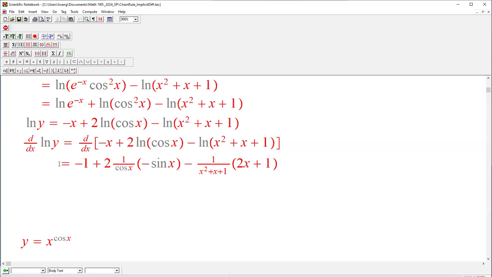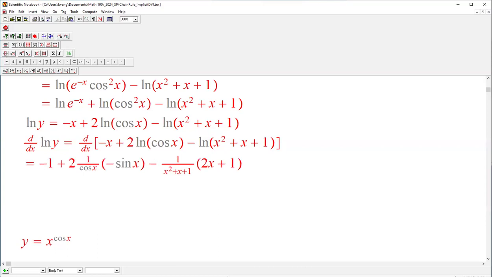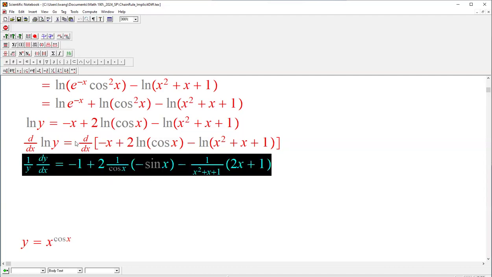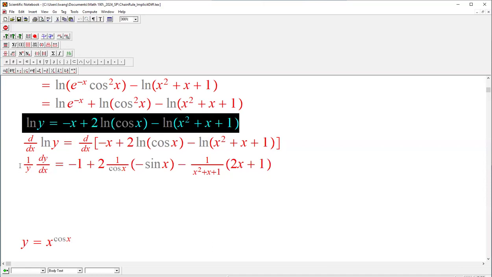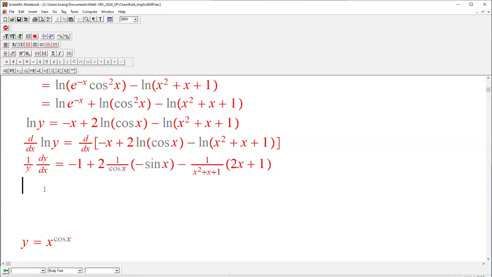On the left-hand side, you're going to have 1 over y dy dx. By this time, you can go straight here, really. So the derivative part is finished.